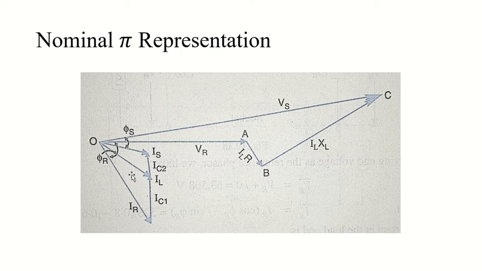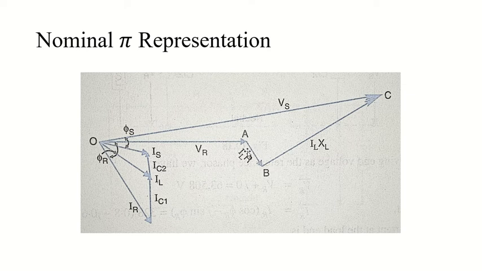After that, we will see the drop related to my line current IL. What is the drop related to the line current? It will be ILR, sorry, not IRL, ILR. In phase with this IL, we will draw ILR here.